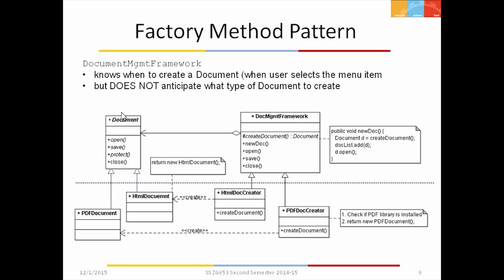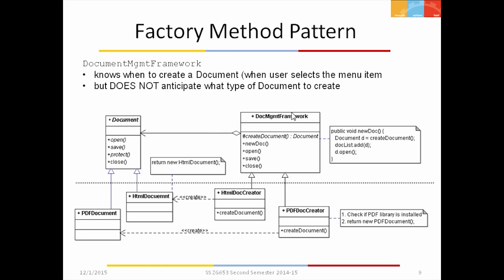Now the people are freely creating PDF document, HTML document creator, PDF document creator, and they are able to open, new, save, close, etc. One can add more and more document types, but those document types' creation would not really impact the framework. So the whole purpose of the pattern is to basically build such a framework like this, and you will see such examples more in other patterns.